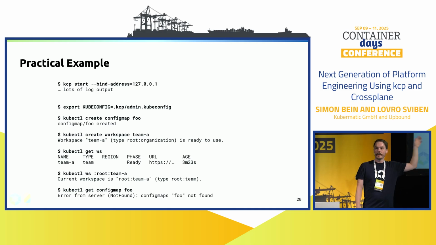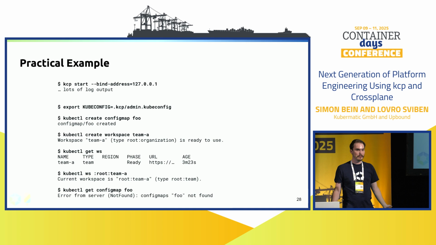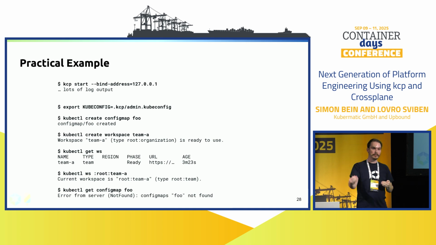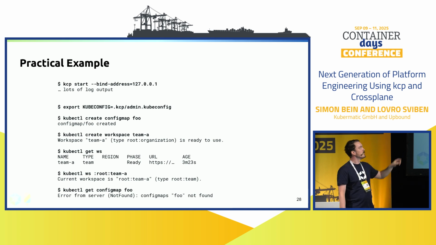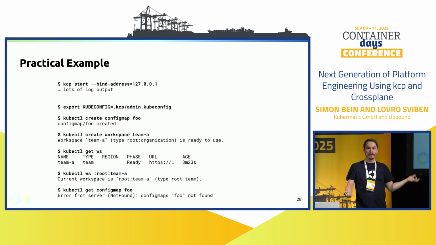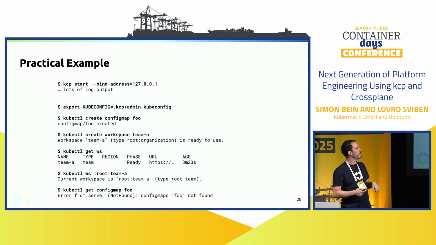So we can just use that kubeconfig like we would use any other kubeconfig, and we are now talking to KCP in the root workspace, and we can create things like config maps there, and this is the big thing, we can also create other workspaces, other API servers. And this is what we do in the example here. So we create one, then we can get it like we would get any other Kubernetes resources, and we can also switch into it.